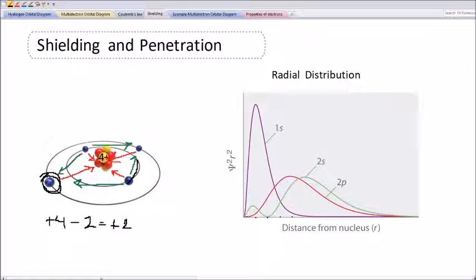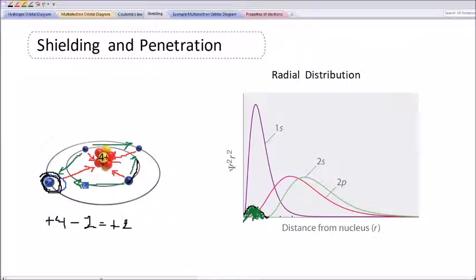However, because you have a probability of what's called penetration, meaning the probability of the electron being somewhere where this electron that we're talking about is somewhere in this location, because remember that it's a distribution, then the electron does not experience shielding if the electron is in this region right here.